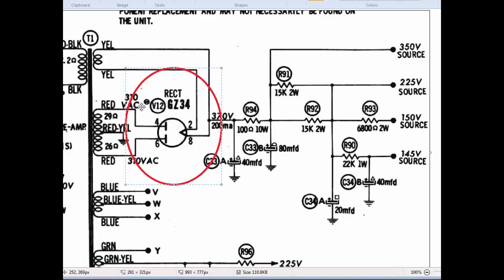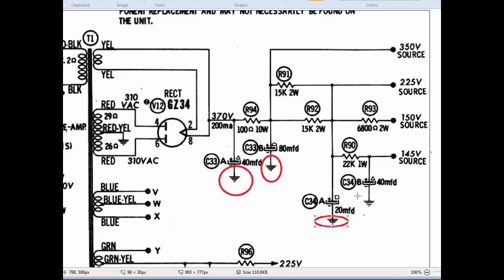So the transformer feeds the correct voltages into this rectifier tube. This rectifier tube then produces a potential voltage of 370 volts coming off of pin 8 of this tube. And if you'll notice, that potential voltage, if you compare it to this potential voltage, so anytime you see this little symbol, and you'll see it a lot of times, you can see it just 4 or 5 times here in just this one schematic, anytime you see those symbols, that is the symbol for ground.